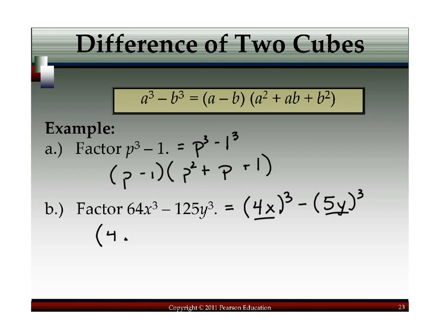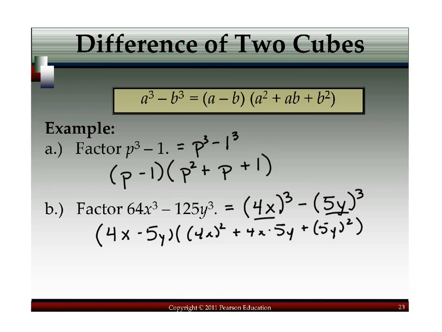So 4x minus 5y. Then 4x squared, I'm going to write that out, 4x all squared plus 4x times 5y plus 5y squared.